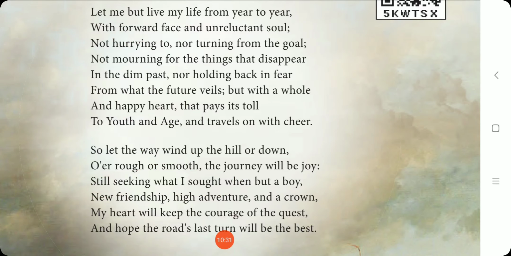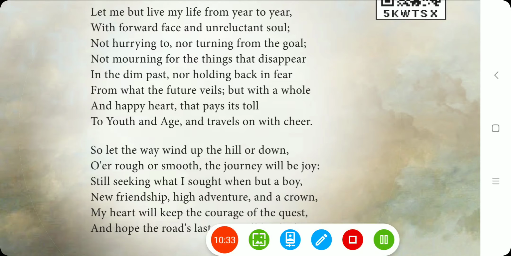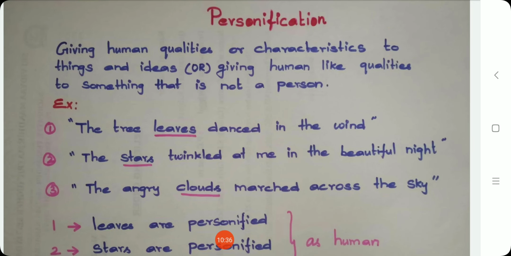Now let us go for the next figure of speech in this poem. The next one is one of the important figures of speech, that is personification. So listen carefully. What is personification? Giving human qualities or characteristics to things and ideas, or giving human-like qualities to something that is not a person, is called personification.